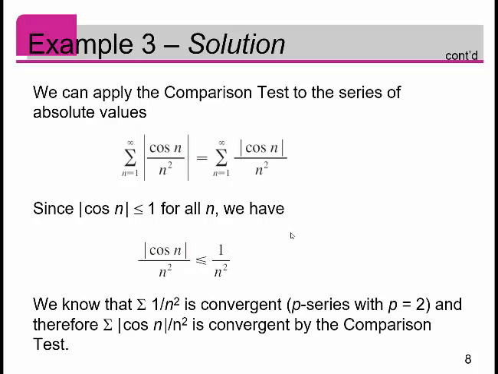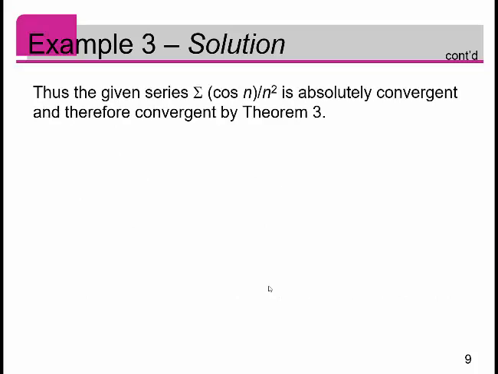We know that the summation of 1 over n squared is convergent because it's a p series with p equal to 2. Therefore, the summation of the absolute value of cosine of n divided by n squared is convergent by the comparison test. Thus the given series is absolutely convergent, and therefore it's convergent by that theorem 3.